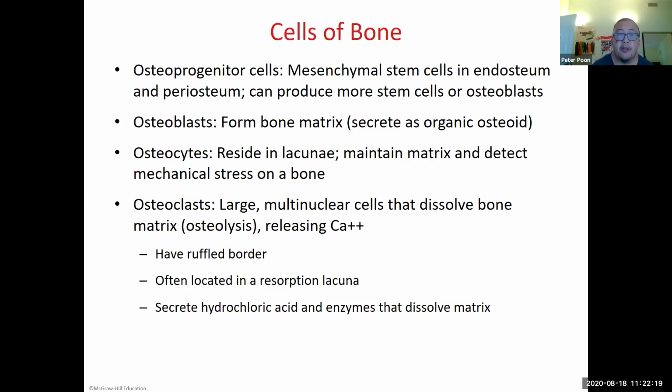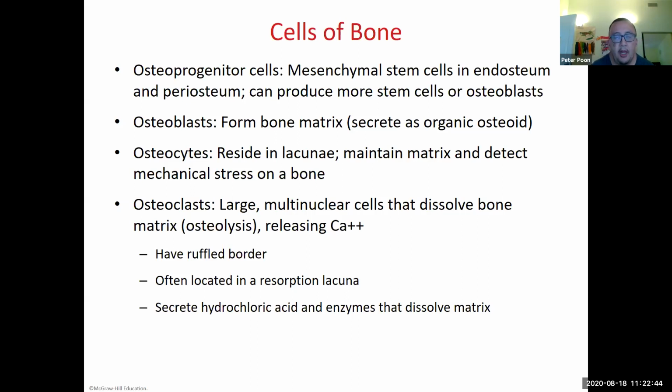Osteoblasts will secrete bone matrix. So osteoblasts make stuff. They make something called osteoid. Osteoid is kind of gooey, but it hardens over time. Once it hardens, the cell traps itself inside the osteoid, and it becomes an osteocyte. Osteocytes maintain the bone.